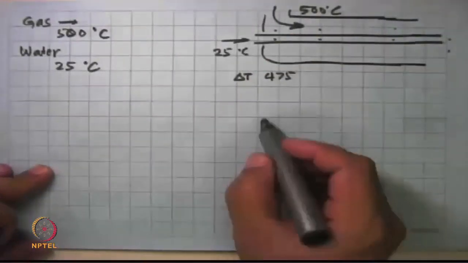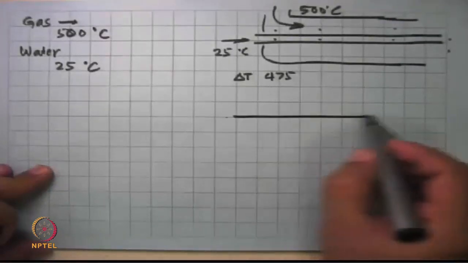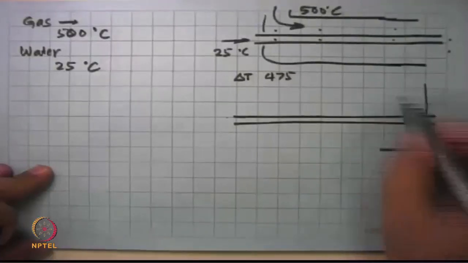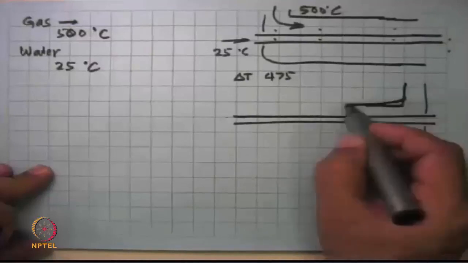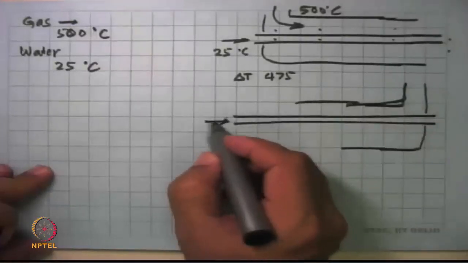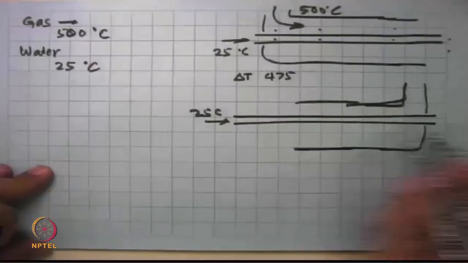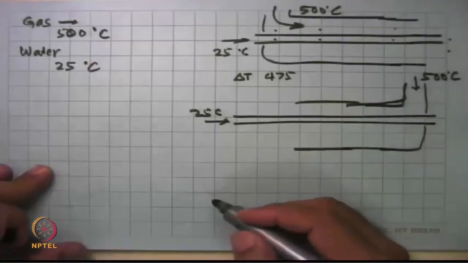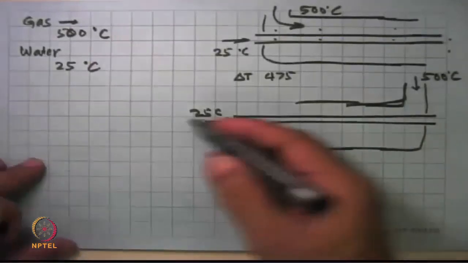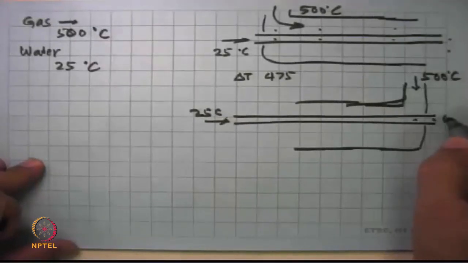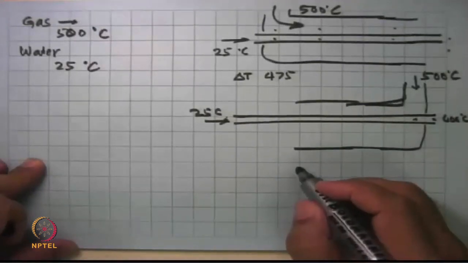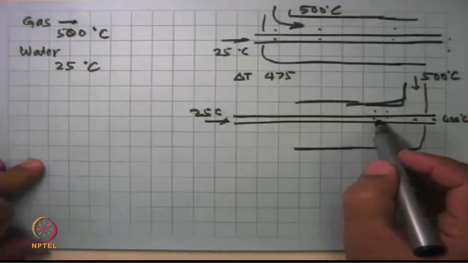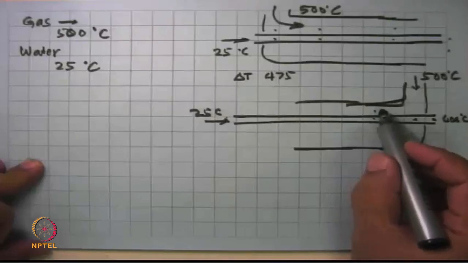Now we look at another situation where this pipe is there, but gas is now entering from the other side. So water enters here at 25 degrees Celsius. Gas enters at the opposite end at 500 degrees Celsius. And let's say that the water got heated to 400 degrees Celsius as it leaves here. What it means is that at this point here, the hottest of the water is being heated by the hottest gas.